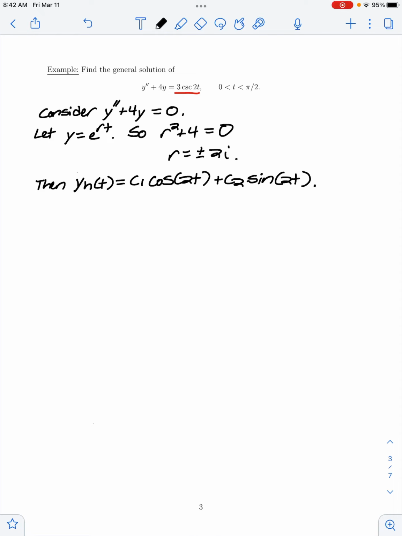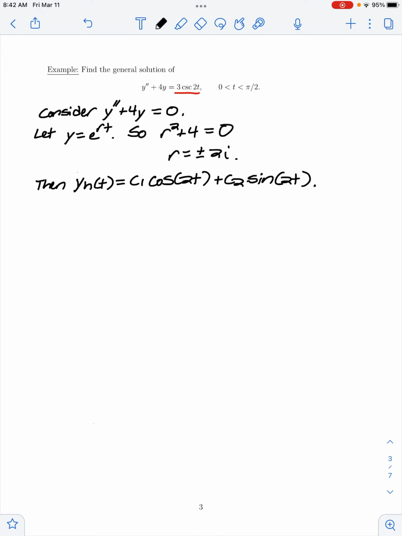Now, to find our particular solution using this method of variation of parameters, we're going to use the formulas that we derived for u1 and u2, and both of those formulas involve the Wronskian of y1 and y2, which were a fundamental set of solutions for our homogeneous equation.